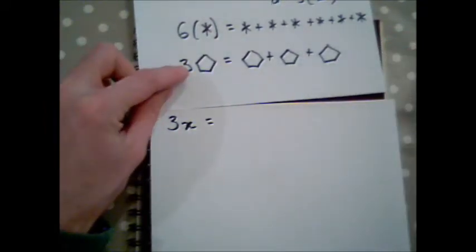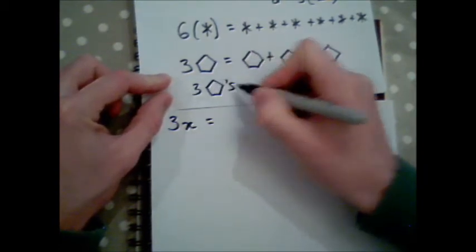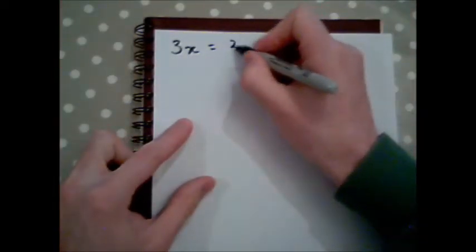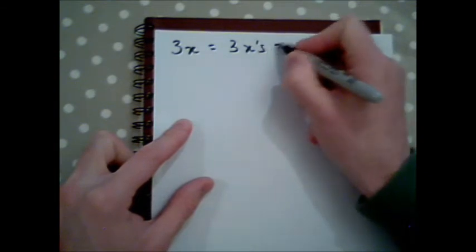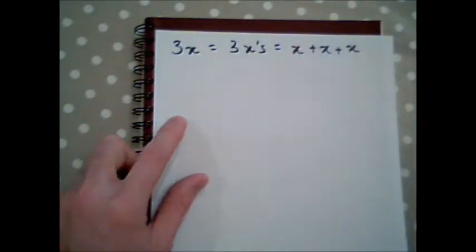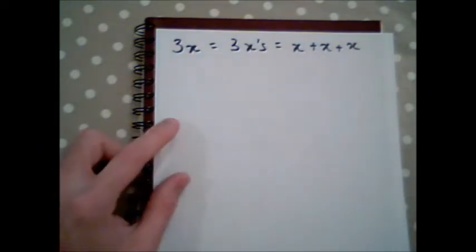So this is short for 3 pentagons. So 3x is another way of saying 3 x's. And that's x plus x plus x. That's 3 x's there, and you add the 3 of them together.